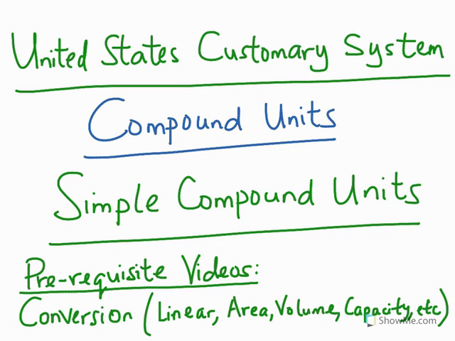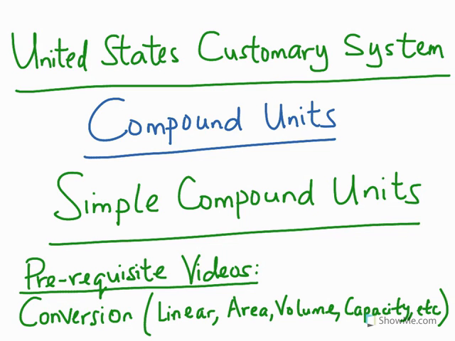When we talk of area, for instance, it is length times length, which is miles times miles, square miles, or we can say square inches, inches times inches, or square feet, feet times feet. So you see that in this case, two fundamental units are being multiplied to give the derived unit.